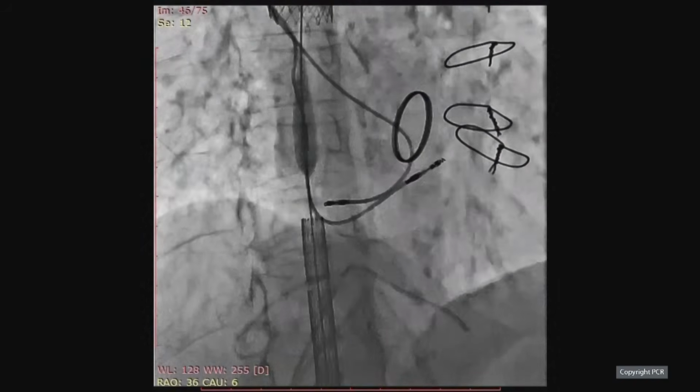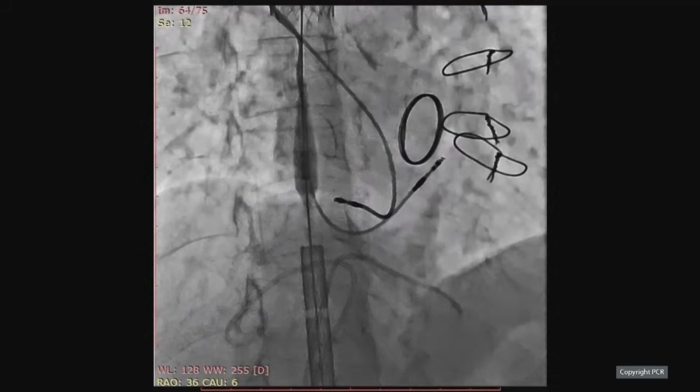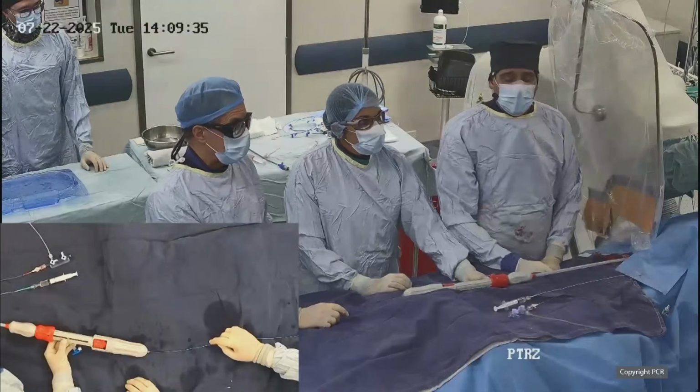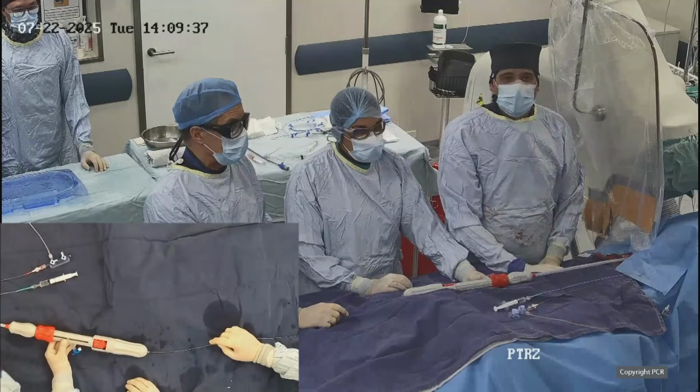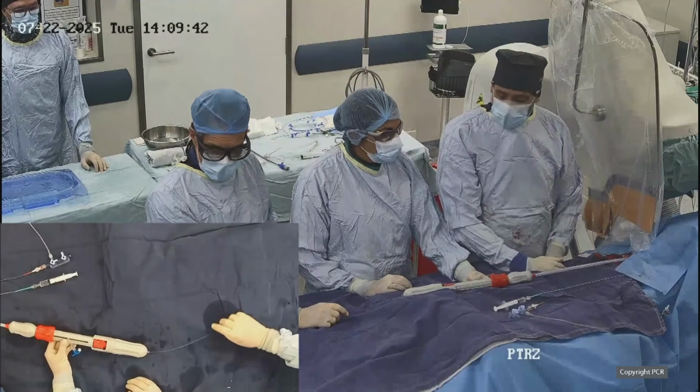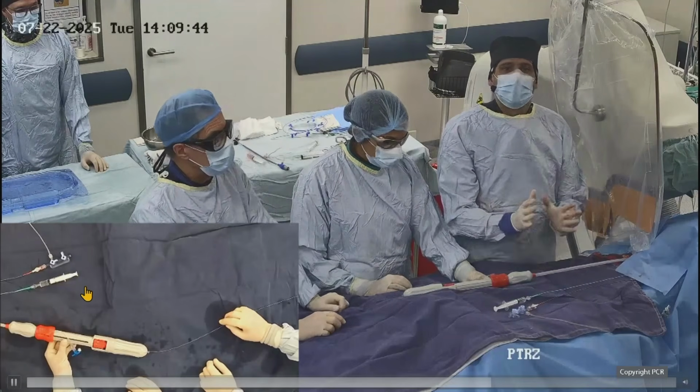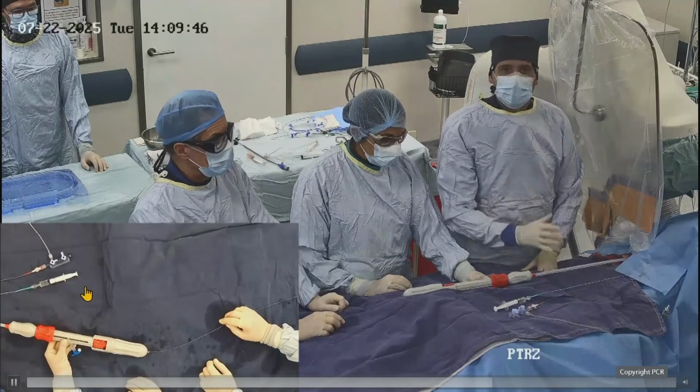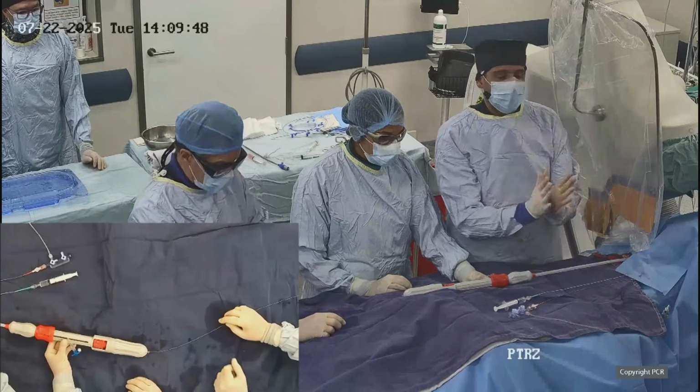At the beginning, when you have the valve inside the capsule, it is difficult to know exactly the height that you have inside the right atrium. So we have to release the valve somehow, let's say about 20%. After flaring the valve, you start seeing it in echo.